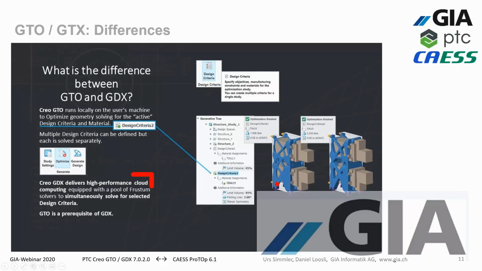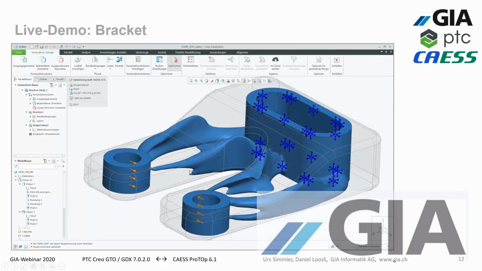But the technology behind the two products is the same. This is the Frustum technology, the generative optimization technology, and in the cloud solution, yes, you can test many of that variants here. And I'd like to show you now how this product is working within Creo Parametric.